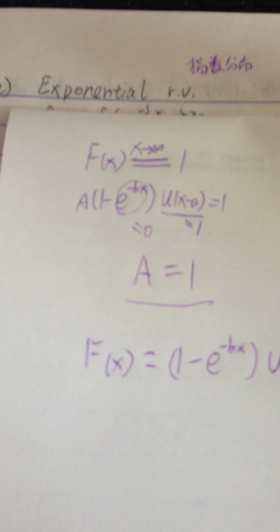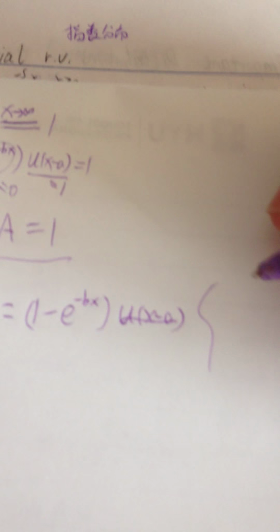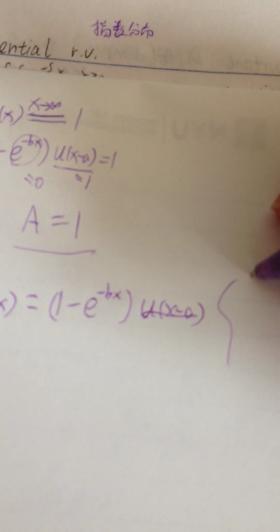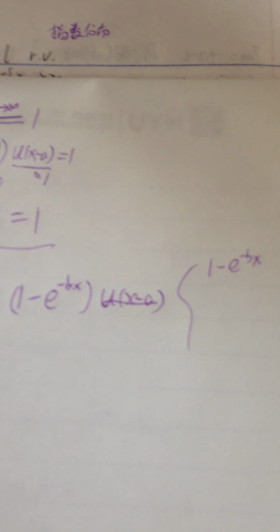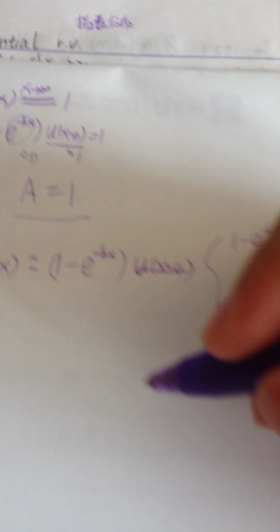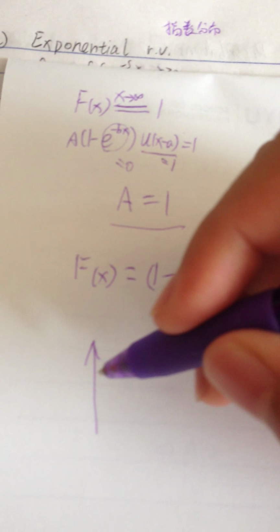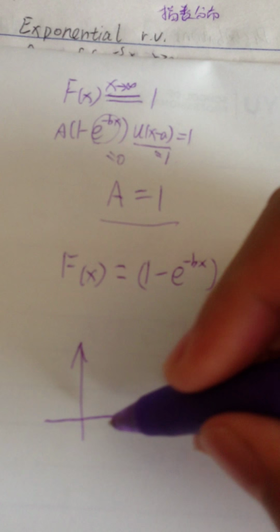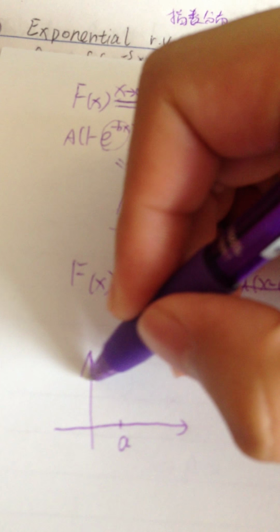We can divide it into two parts: when x is no less than a, f of x equals this, and when x is less than a, f of x equals 0. So we can draw this, and this is a.